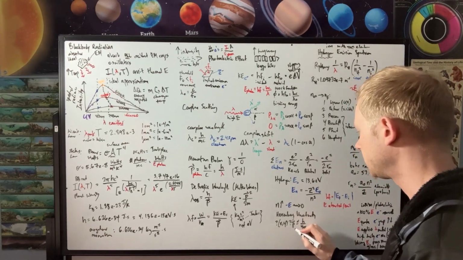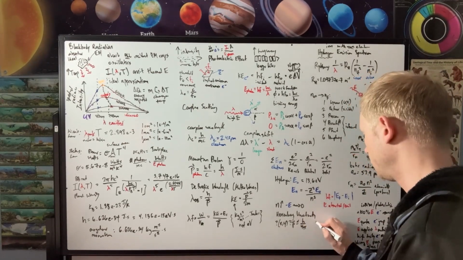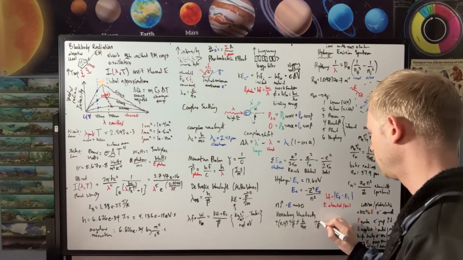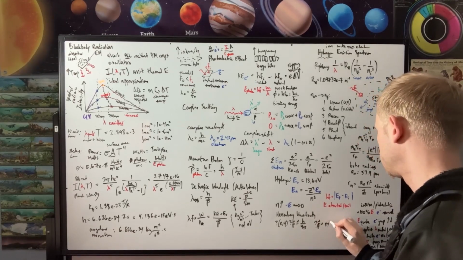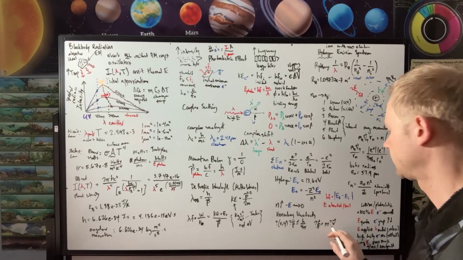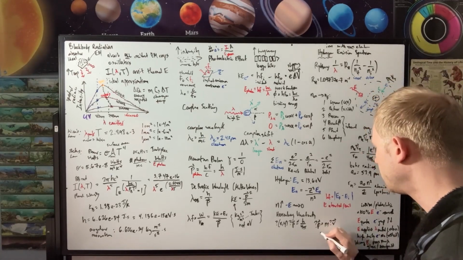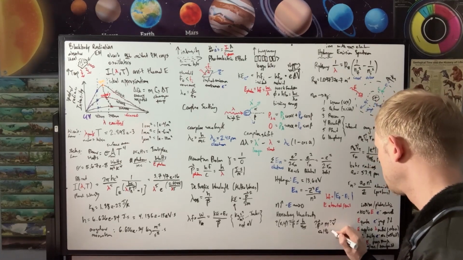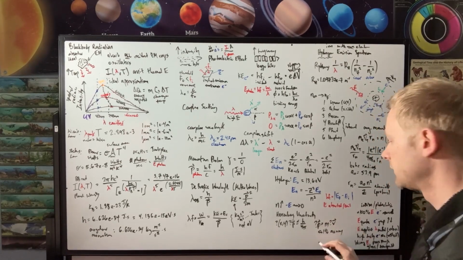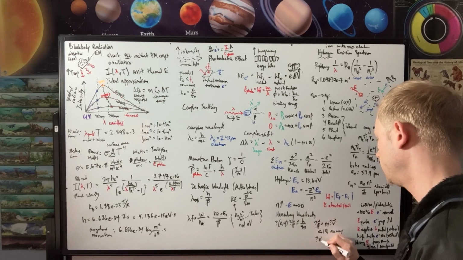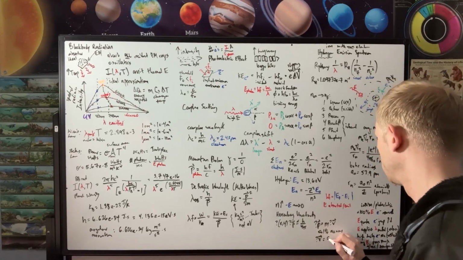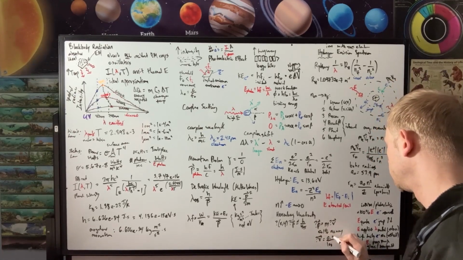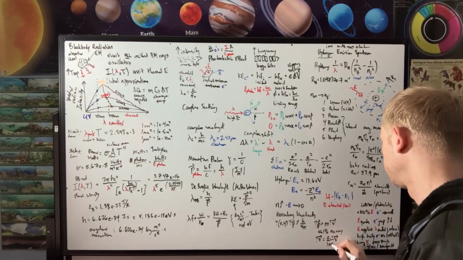If we wanted to figure out the uncertainty in momentum, then we would have to use the equation mass times the uncertainty of velocity. Let's say we knew the velocity to 0.1% accuracy. Then that means that the uncertainty of velocity is equal to 0.1 divided by 100 times the velocity.